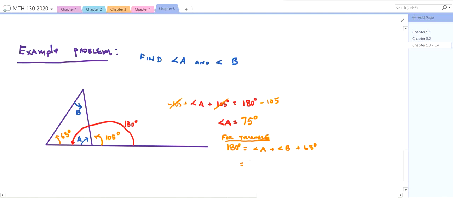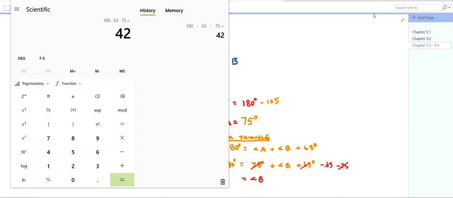That means 75 degrees plus angle B plus 63 degrees equals 180 degrees. To isolate angle B, we need to bring these over to the other side, so I subtract 75 and 63 from both sides. These cancel out, and I'm left with just angle B. I plugged it into the calculator, and angle B equals 42 degrees.